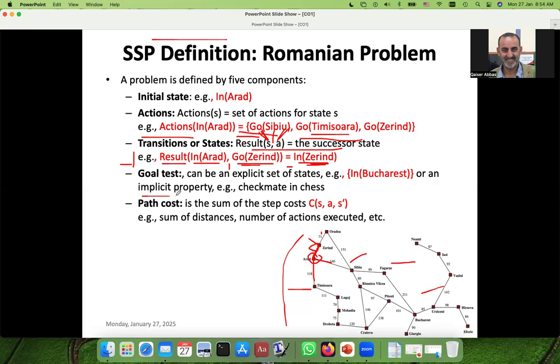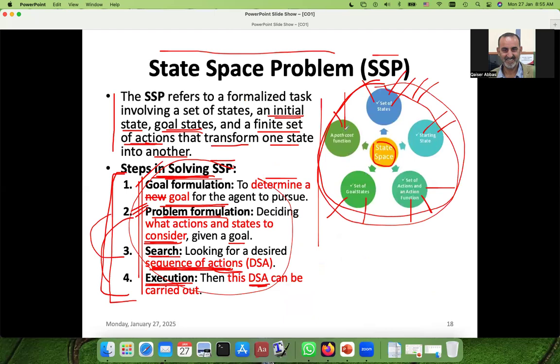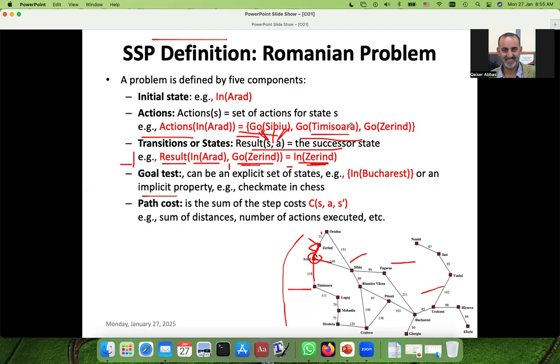So now the fifth component, according to this diagram, this one, path cost. What is the path cost? All the values given here between 2 states are the path cost in this problem. For example, from Arad to Serend, we have the value 75.